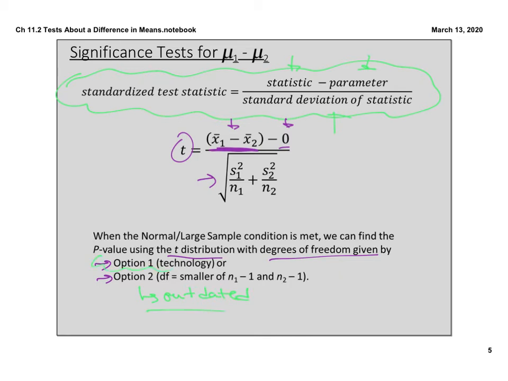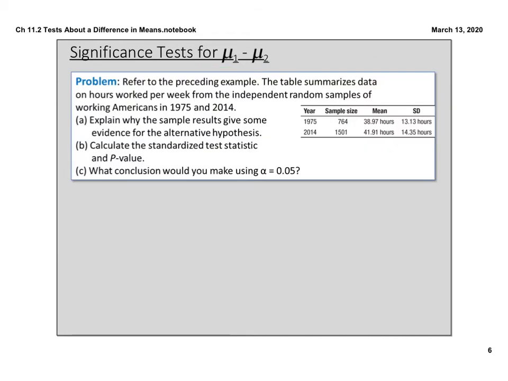Technology is going to be your preferred method, especially when you're putting 2 samples together, because it's going to calculate a degree of freedom based on the 2 samples together, and it's a degree of freedom that you wouldn't normally think. Using the smaller one of n1-1 or n2-1 is kind of an outdated practice going back to the table. So you're going to have a more accurate result if you use your calculator.